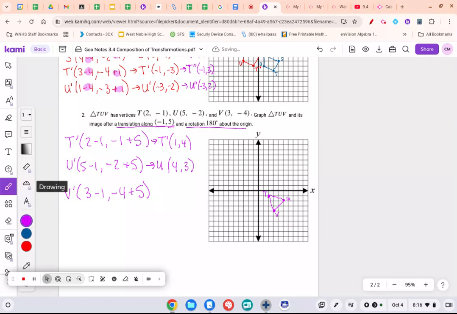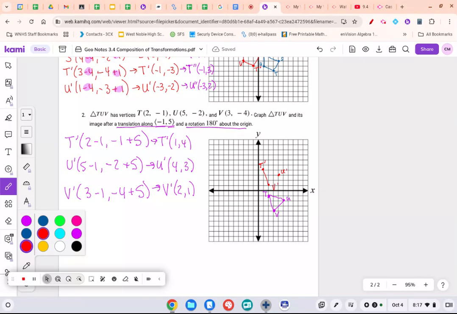Should be a U prime. And then V prime is 2, 1. We do need to graph that. So we have 1, 4 for T, 4, 3 for U, and V. Reminder, these are all primes.